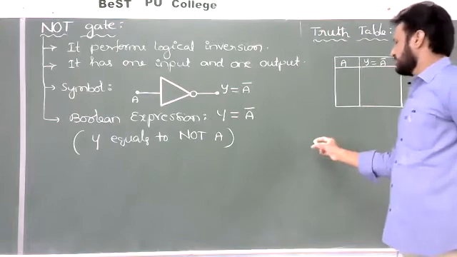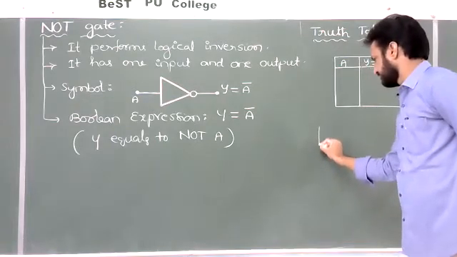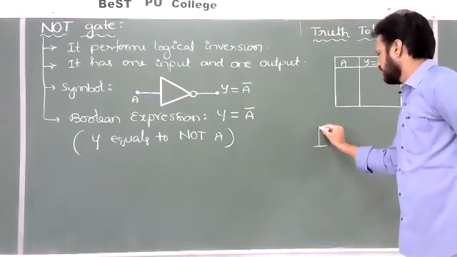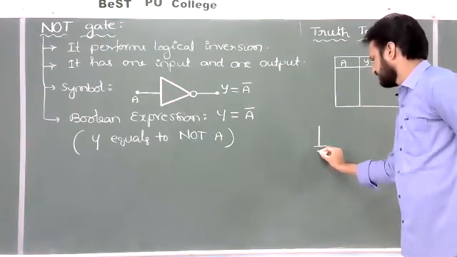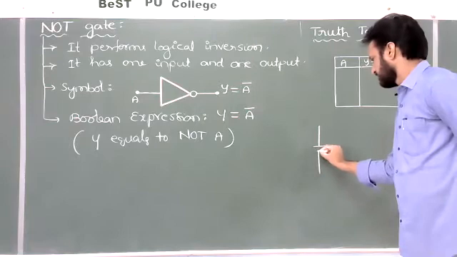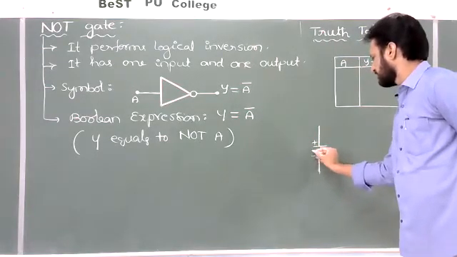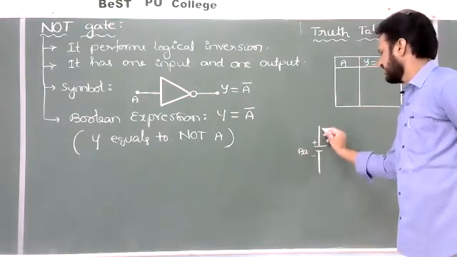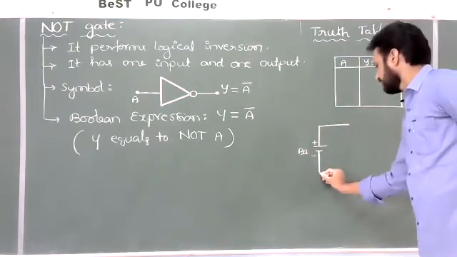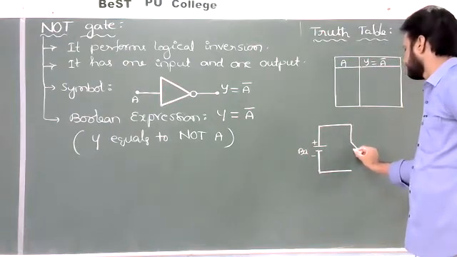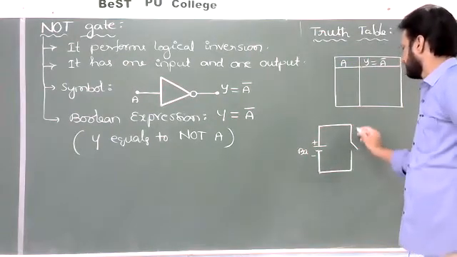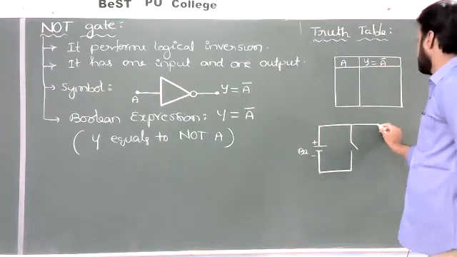I'll take a simple circuit also here. You will take one cell or battery like this. One battery will be connected here. You may connect one switch here. Next I'll connect the bulb.